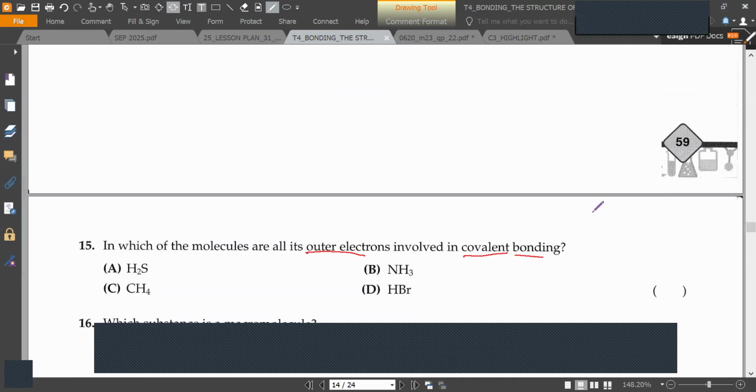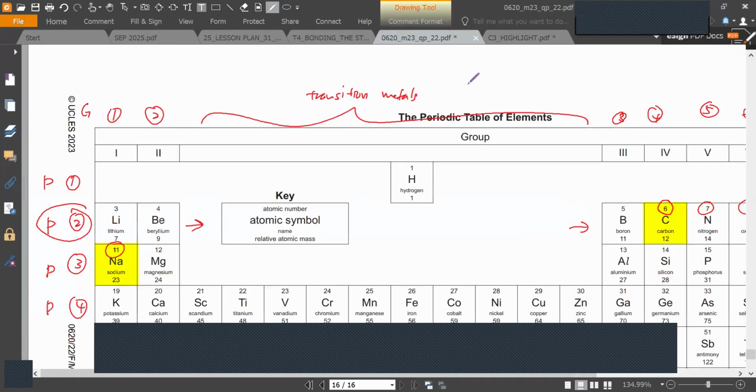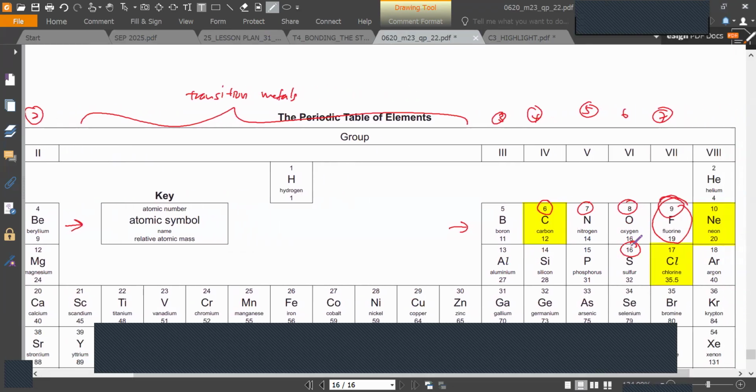So let's look at hydrogen first. Hydrogen is 1 proton, 1 electron, so it needs to get to 2, so it will plus 1. So it will form 1 bond. Sulfur is here, 16.